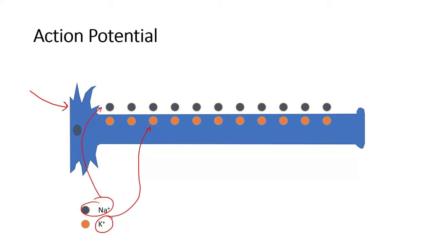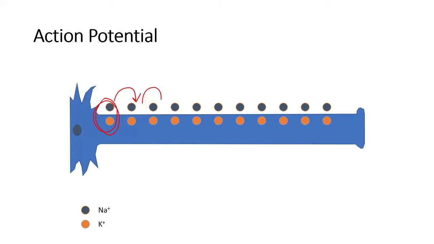Again, really simplified view. And once I trigger those voltage-gated channels here, then sodium is going to come in first, followed by potassium leaving, which is going to cause a membrane potential change, which will trigger this one, which will cause a change to trigger this one, which causes a change to trigger that one. You get the idea. This is kind of what it would look like.